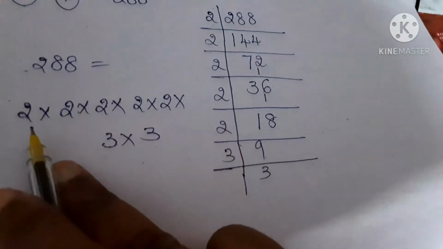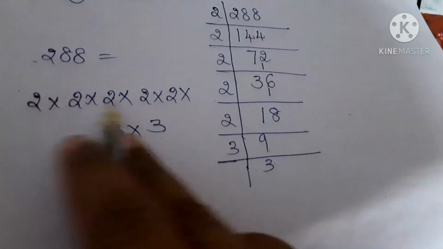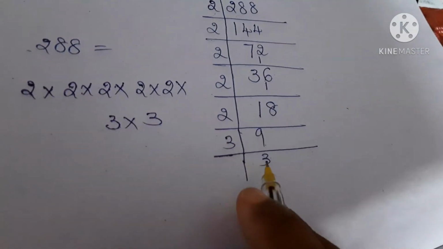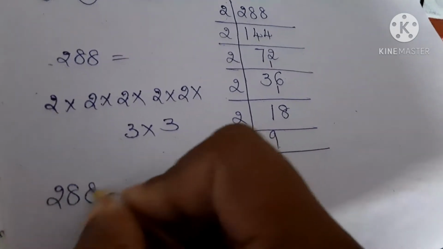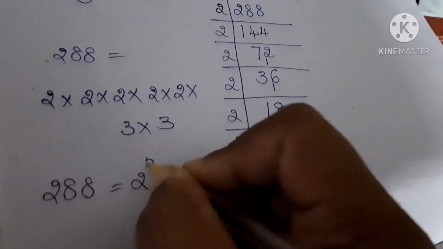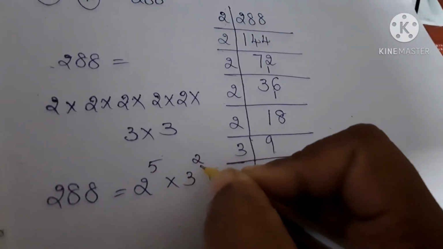How many times does 2 repeat? 5 times: 1, 2, 3, 4, 5. How many times does 3 repeat? 2 times. So 288 equals 2 power 5 into 3 power 2. This is the prime factorization method.